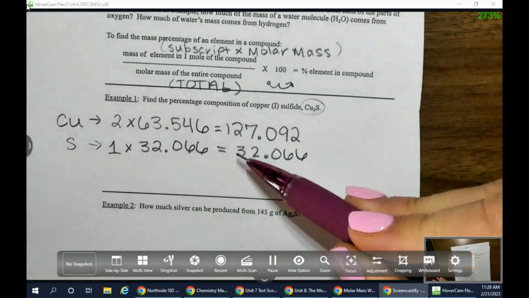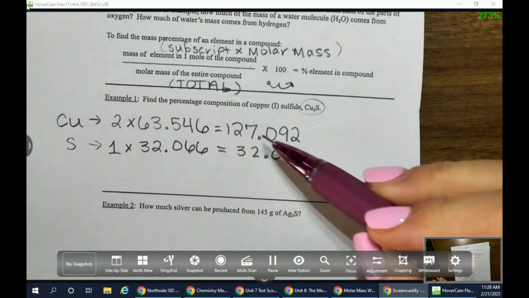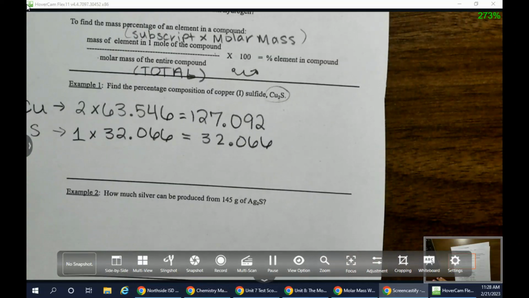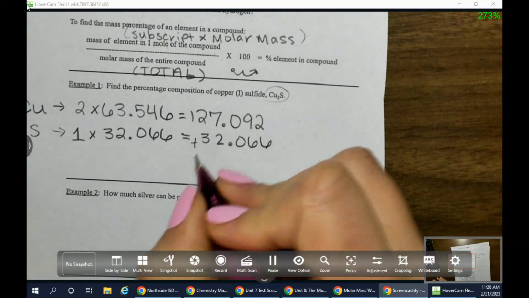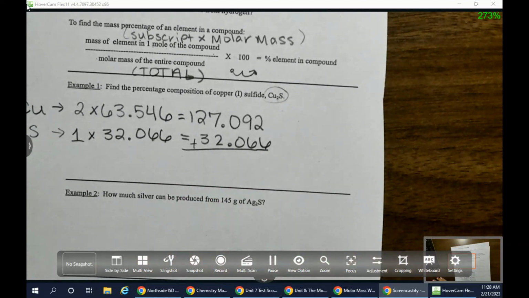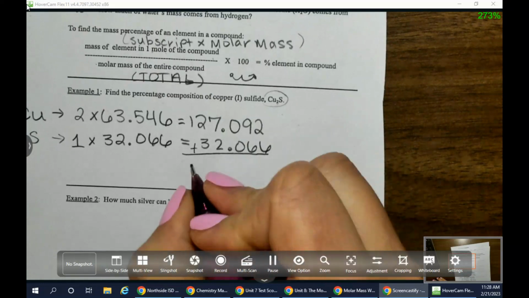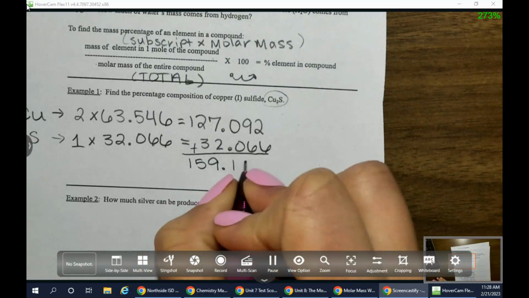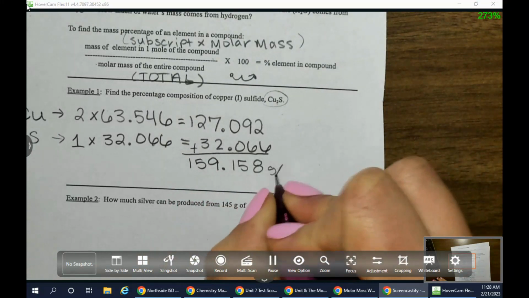So now we have the total mass of copper and the total mass of sulfur in this compound. So now we should just get the total molar mass. I'm going to add those 2 values together, just like you guys have done when you were calculating molar mass on that previous worksheet. So 159.158, and this is grams per mole.